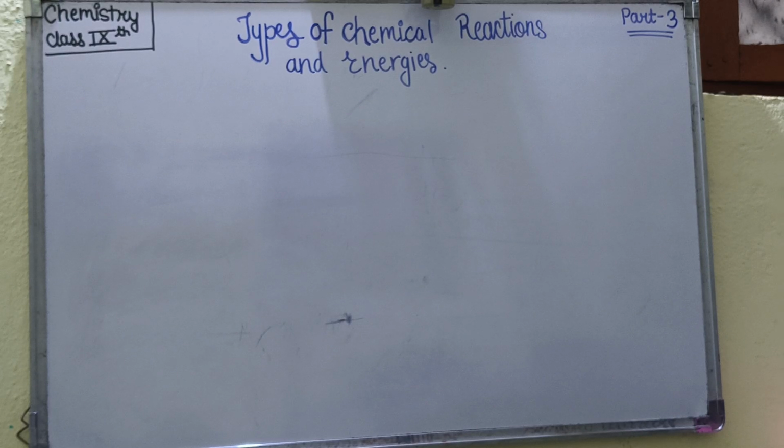Thus, instability is the cause for reversible reactions. In irreversible reactions, the products formed are stable and hence do not get converted back to the reactants. Thus, stability is the cause for irreversibility of a reaction.